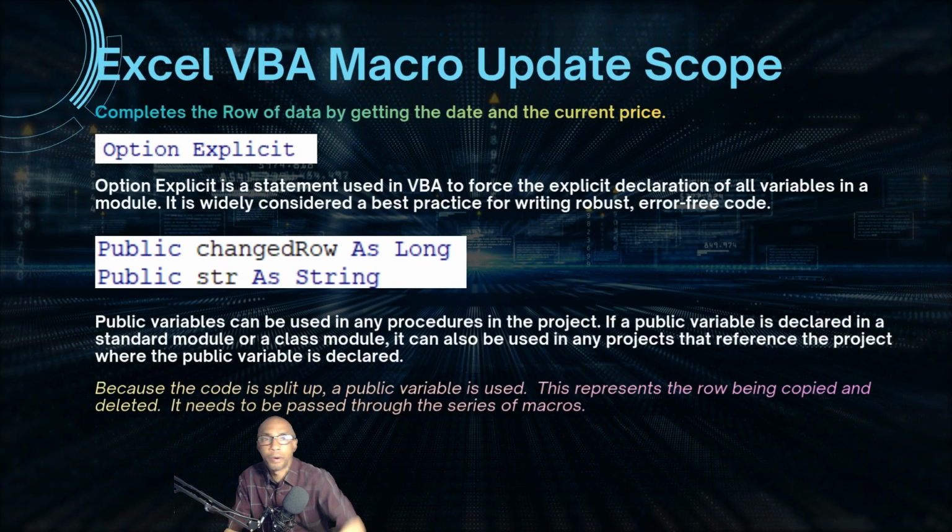So let's move forward. The Excel macro update scope. We complete the row by getting the data date and current price. This Option Explicit is very important that you put at the top of the, what do you call it, I know what that word is. We're going to take a look at Visual Basic real quick.